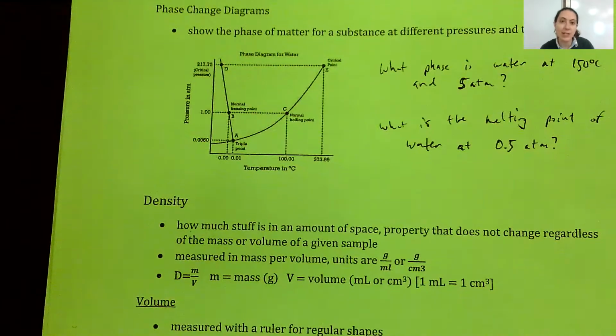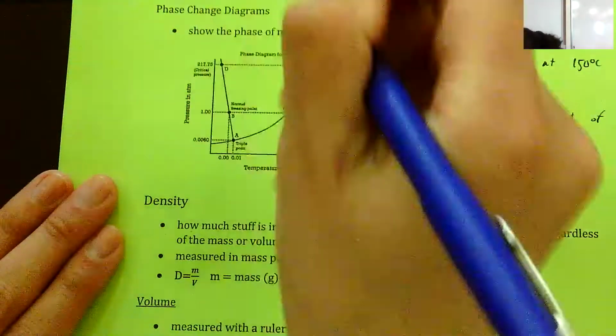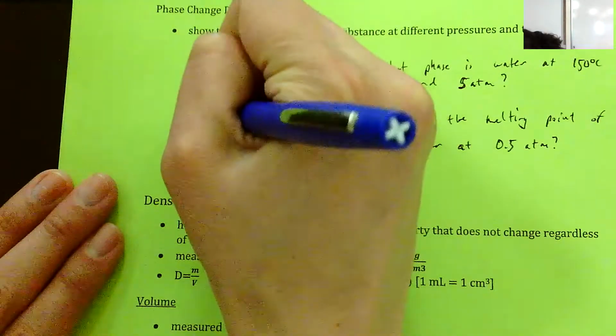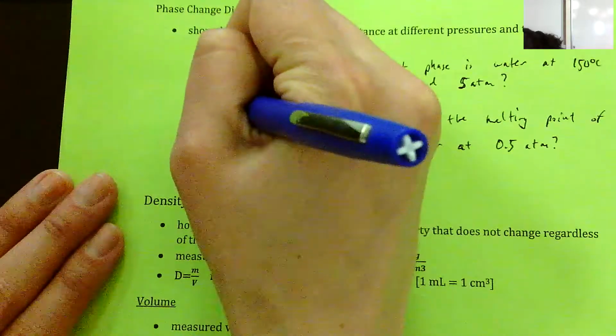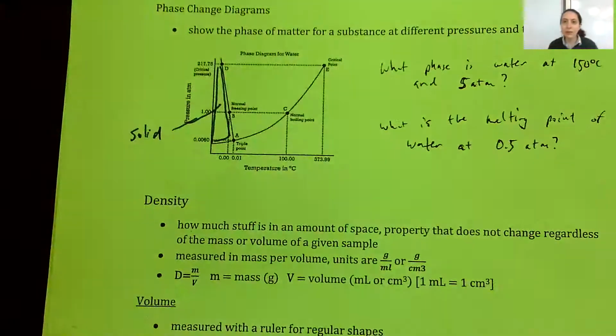So in fact, this whole zone of the graph, that whole zone is solid. Okay, so at low temperatures and high pressures, water tends to be a solid. It turns into ice. That makes perfect sense.